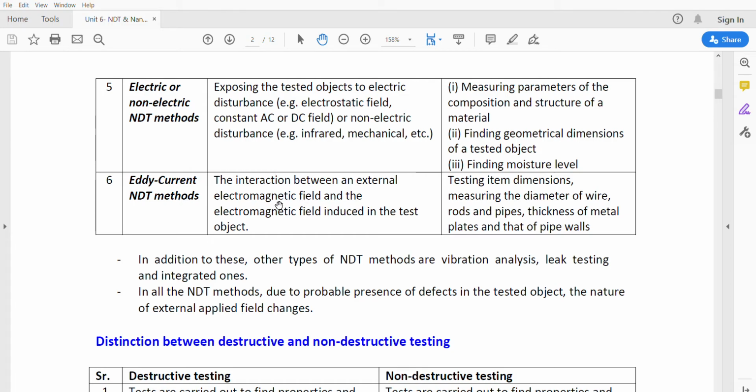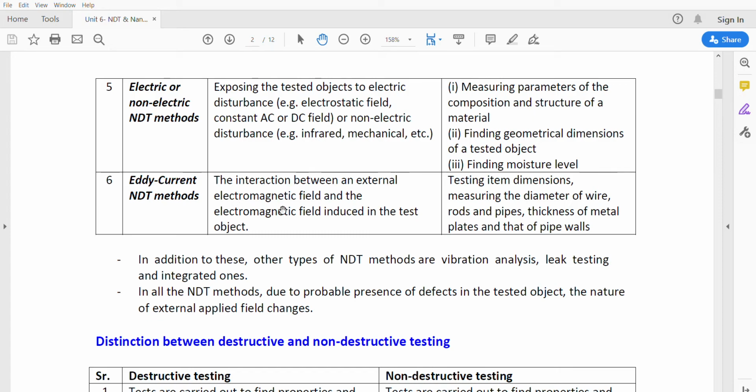By inducing the external electromagnetic field, dimensions like the diameter of wire, rod, pipes, thickness of metal plates, or pipe walls can be understood. Other types of NDT methods are vibration analysis, leak testing, and integrated ones. These are all the different types of NDT methods.